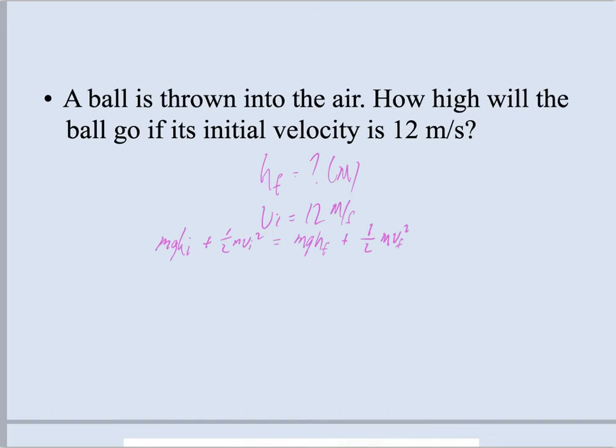Well, let's think about this. When I first throw the ball up into the air, the initial velocity is going to be given as 12, right? What will the final velocity be of that ball if it gets to its max height? How fast will it be going when it reaches its max height? Well, won't its final velocity be 0? And if that's the case, what can we do with this side of the equation?